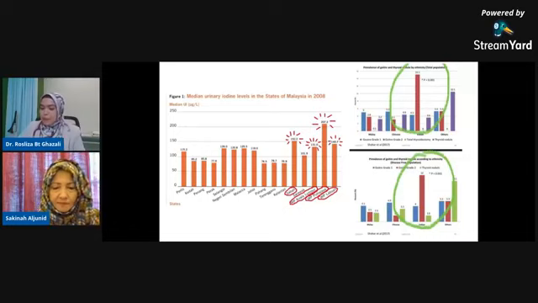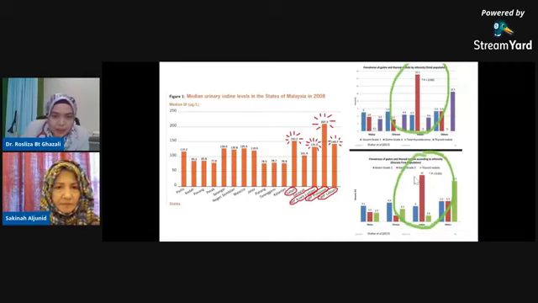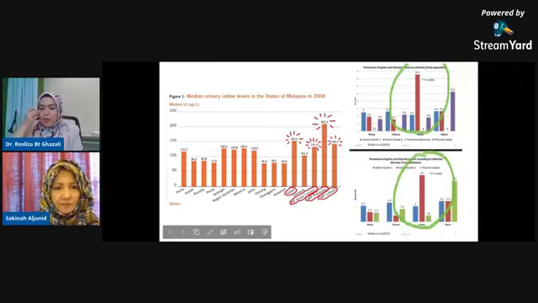Basically, the prevalence of the disease is quite common, especially in West Malaysia in comparison to East Malaysia. As you can see from the slide, Sabah and Sarawak, this slide basically shows the level of iodine. There was a study done in 2008.